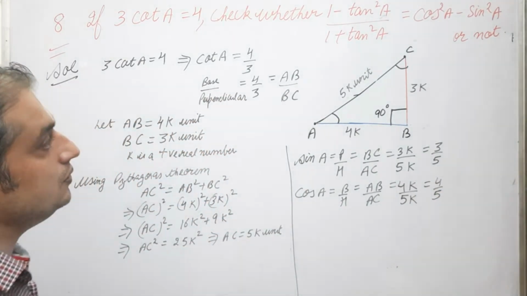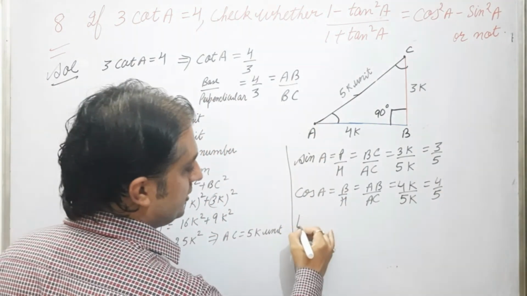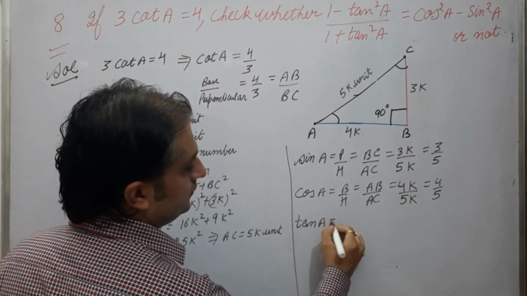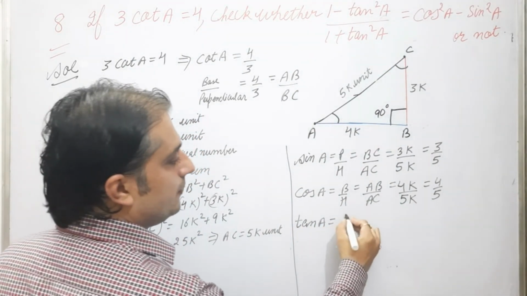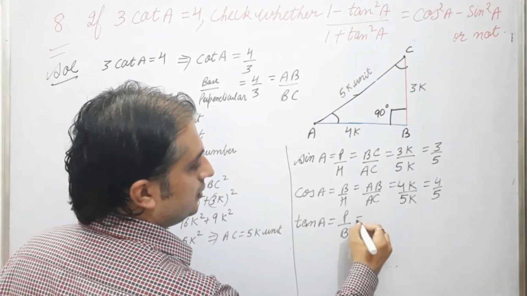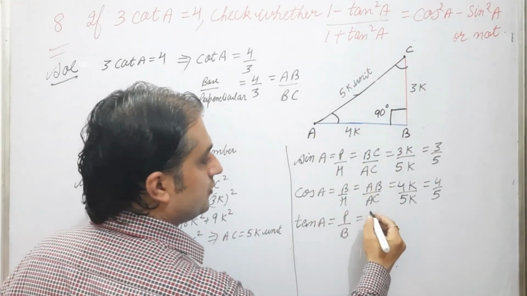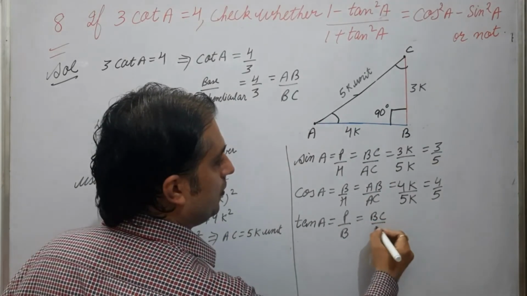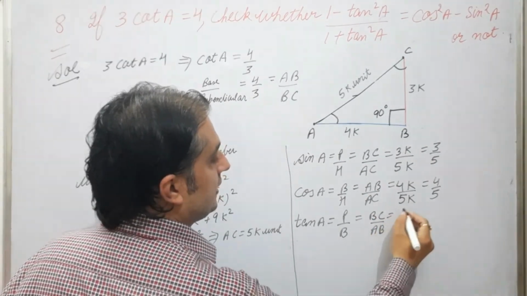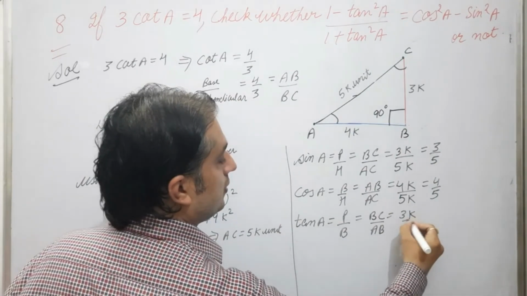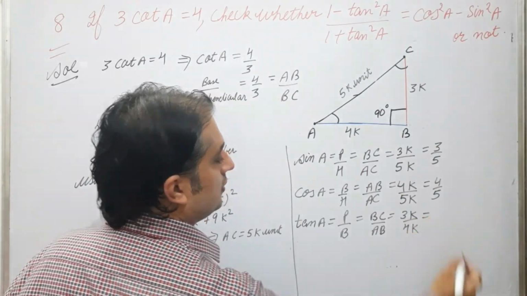So this is the T ratio, and the last T ratio, that is tangent A. You know the tangent is what? Perpendicular upon base. So the perpendicular side opposite and the base side adjacent. So it will become BC upon AB. It will become 3K upon 4K. Right.